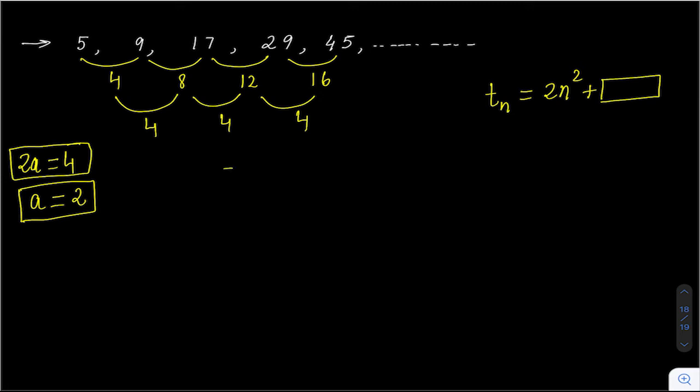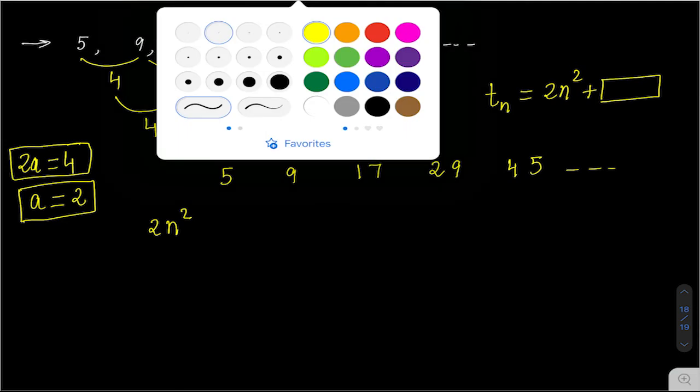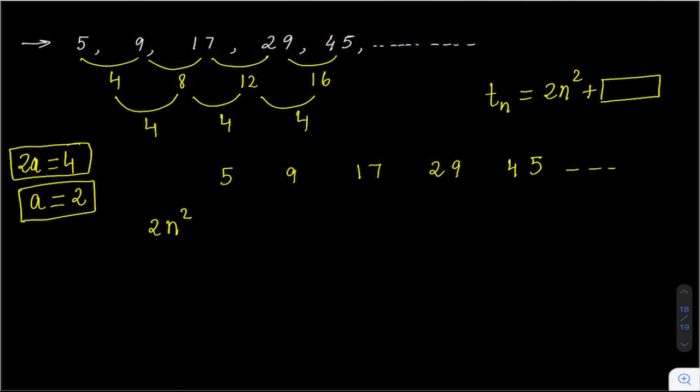So what we will do is write our original sequence 5, 9, 17, 29, 45 and so on. And then we write the 2n square terms. So what is my 2n square? When n is 1, it will be 2. When n is 2, this value will be 8.